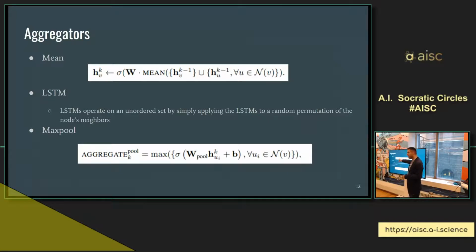We take the mean of the adjacent nodes, and then concatenate it with the node itself from the previous layer, and then we take the mean, and then we apply this weight matrix to it, which is learnable, and then we apply this sigmoid function, which is linear, and we pass it. Right. The dimensions would be the number of samples, so it's fixed. Exactly. Okay.